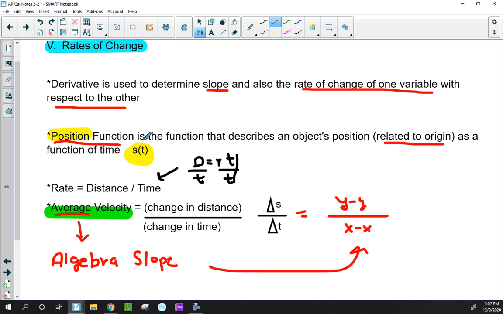So s would be position, t would be time. The s of t is like the dependent variable, it's like the y, and the t is the independent variable. Rate is distance divided by time, and when you hear the words average velocity, that means algebra slope, change in distance over change in time.